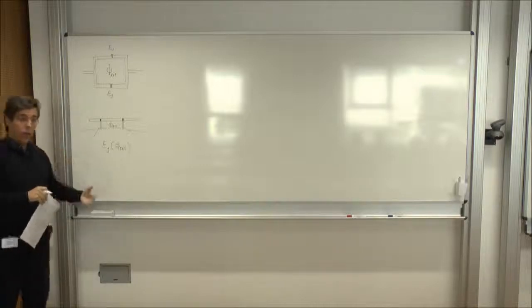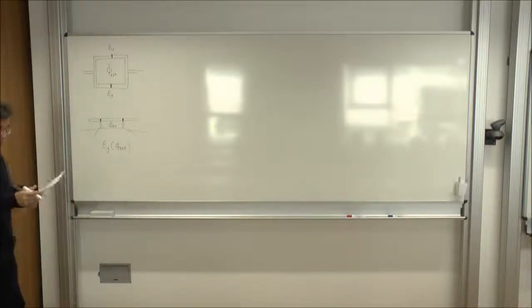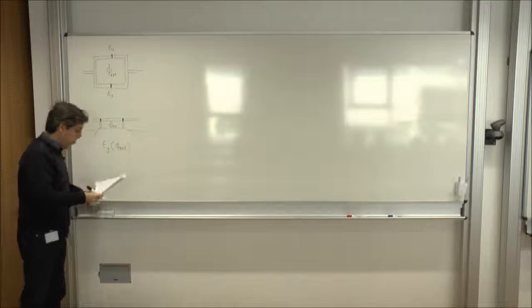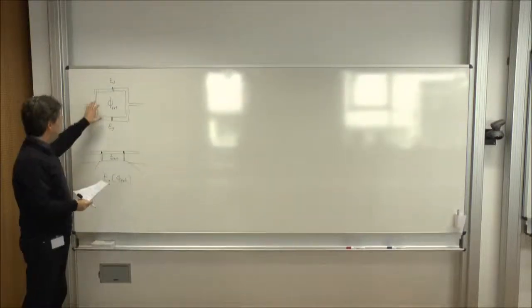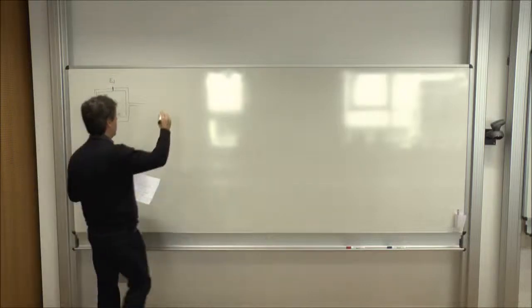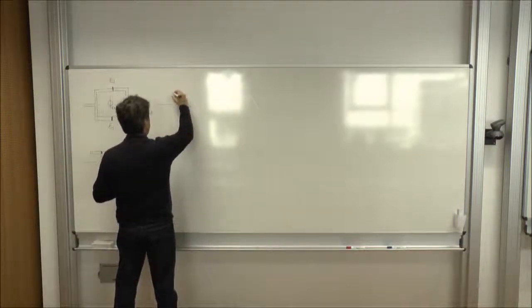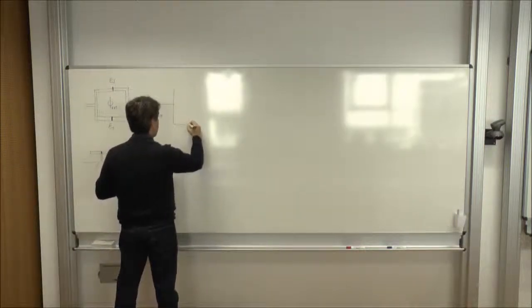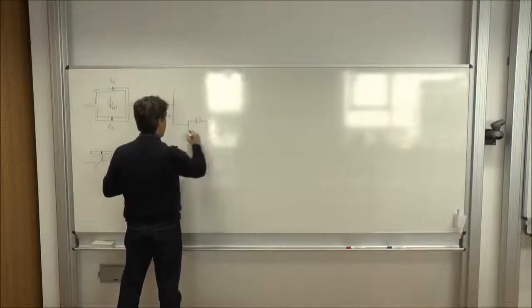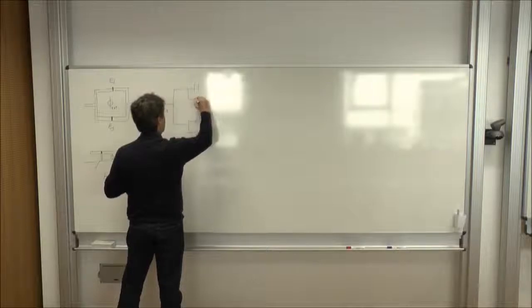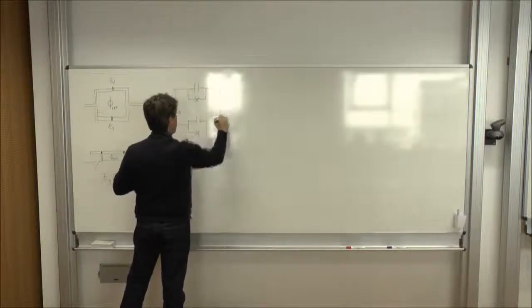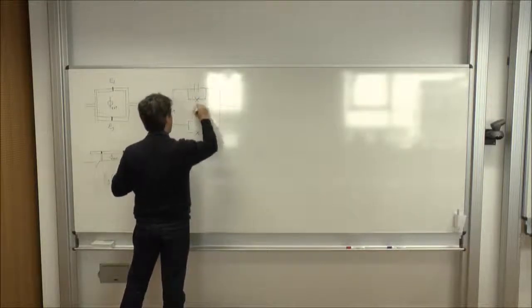I'm just going to explain it a little bit because we are going to use it later on. The idea is very simple. You have this circuit which consists of two parallel junctions with its own capacitance and nonlinear inductance. And then you have some external flux.